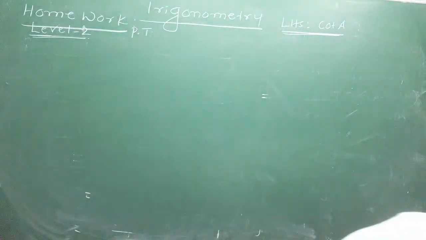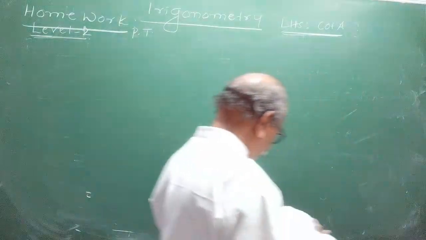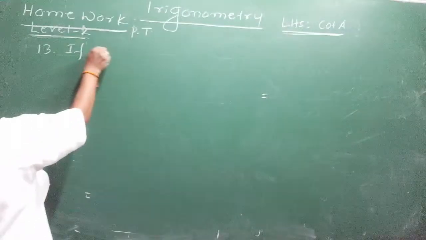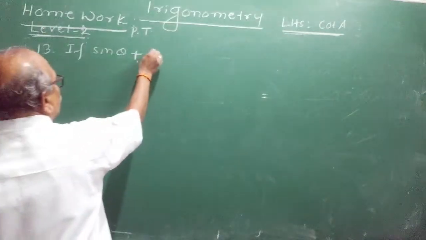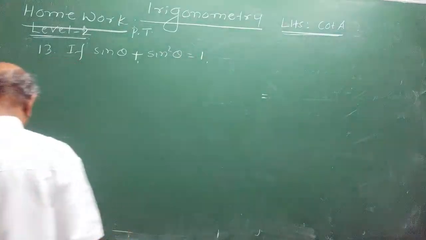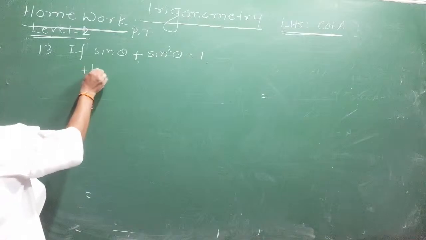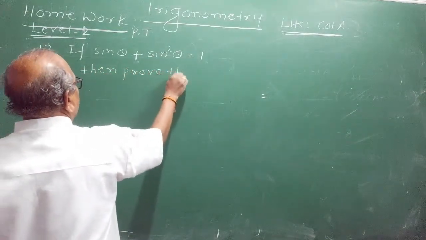Try this one. If sine theta plus sine square theta is equal to 1, 13th question. If sine theta plus sine square theta is equal to 1, then prove that cos square theta plus cos raised to 4 theta is equal to 1. Try this one.